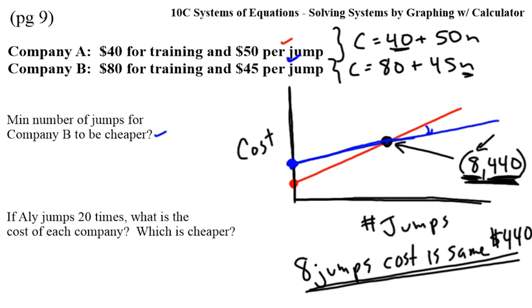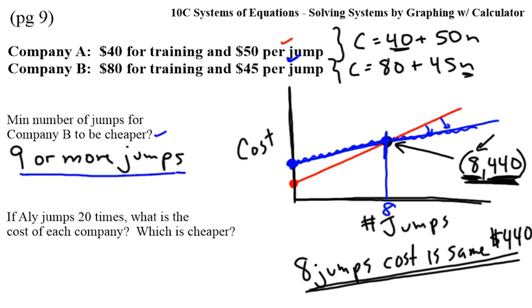So company B is cheaper when 9 or more jumps are taken. Because before this point, which is 8 jumps, we see that company B is a higher cost. But at 8 jumps, it becomes the same, and then our cost is below the cost of company A. So 9 or more jumps, B is cheaper.